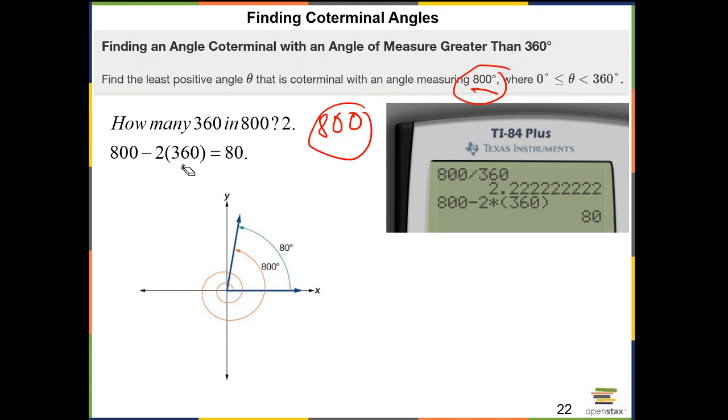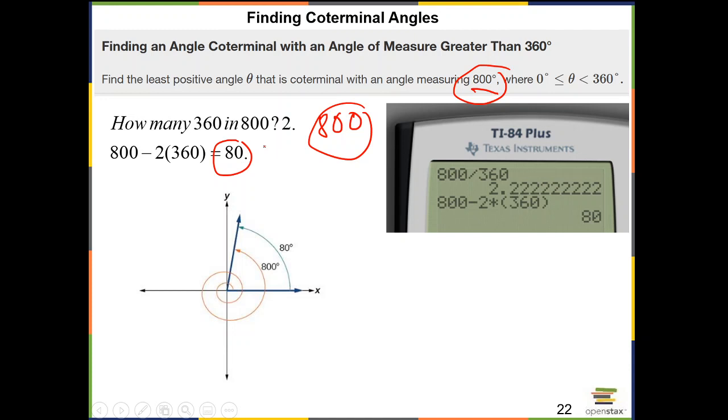We know there are 2 360s in 800, and that's 720. So we take that away from it, and we get 80. Because we were told to find a small angle, and this is a big positive angle, obviously you have to take away 360 from it until you get something that's smaller than 360. And you're done. All right?